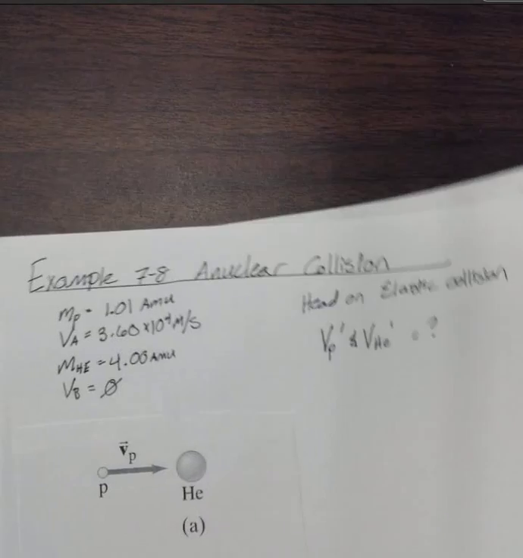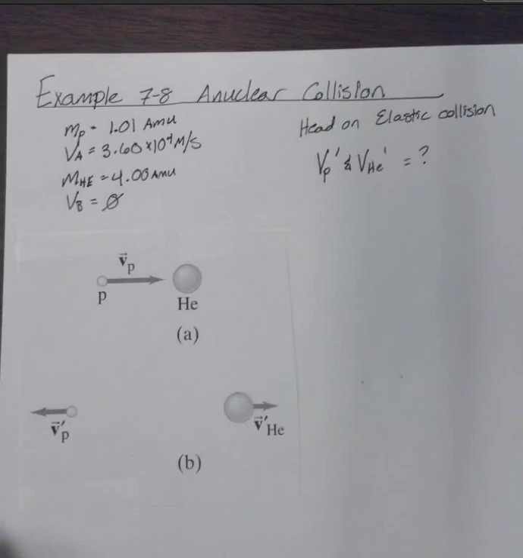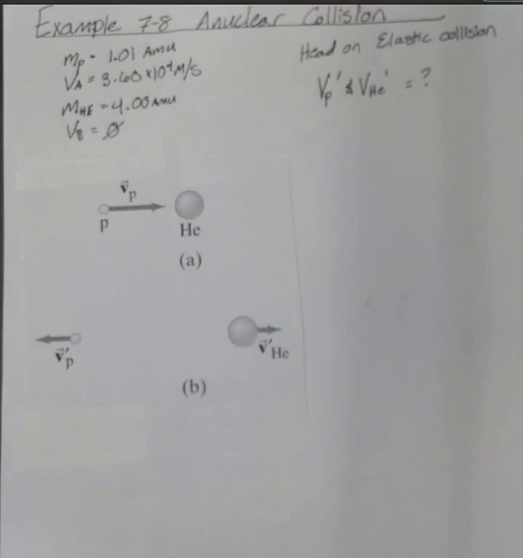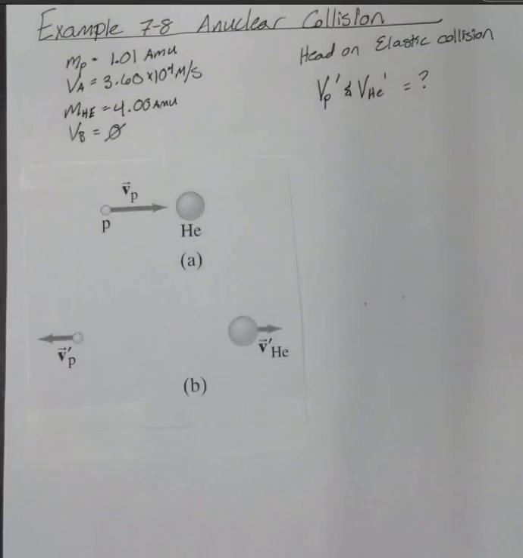So now let's take a look at something that will truly occur every time in a nuclear collision. Here we've got a proton, which has a mass of 1.01 AMU, or U, which is the Unified Atomic Mass Unit, and it's traveling with a velocity of 3.6 times 10 to the 4th meters per second. So it's really zooming.